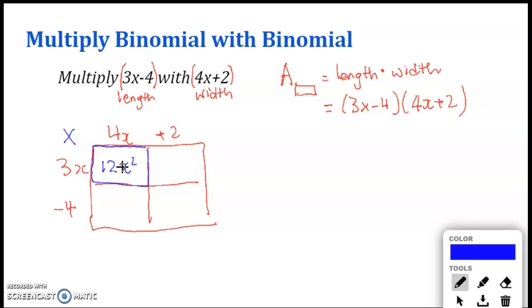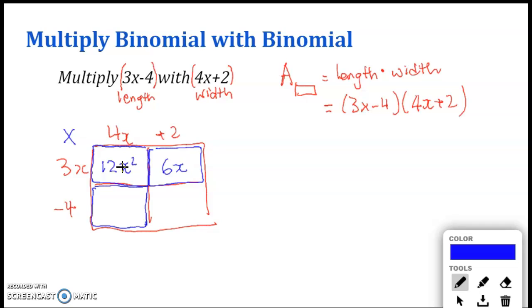Likewise, we are finding the area of this rectangle, which has the length of 2 and the width of 3x. So 2 times 3x is going to be 6x. And this was the area of the length having 4x.